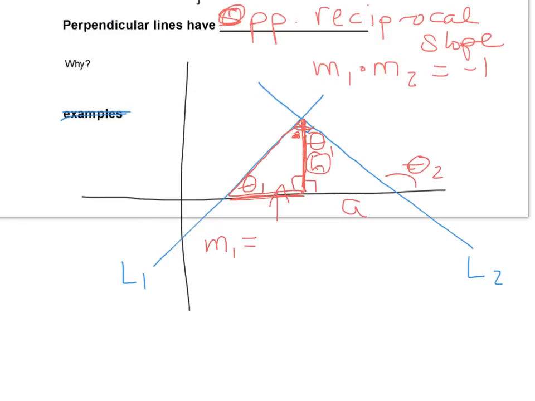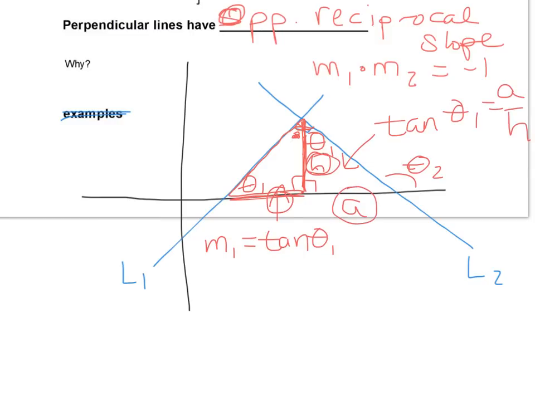Opposite over adjacent. So really, the slope is tangent of theta 1. But look at this triangle right here, and tangent of theta 1 is equal to opposite over adjacent, A over H. So really, slope 1 is A over H.